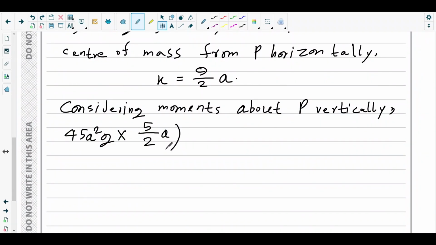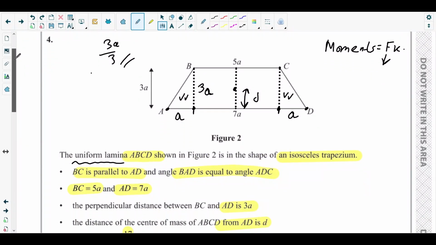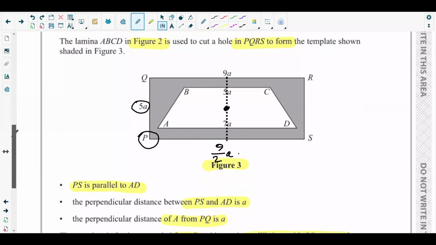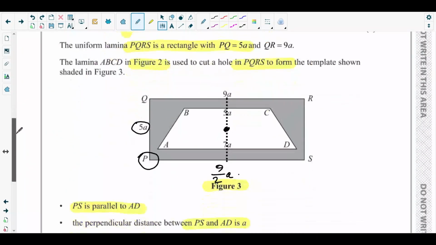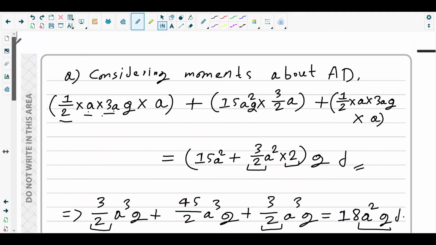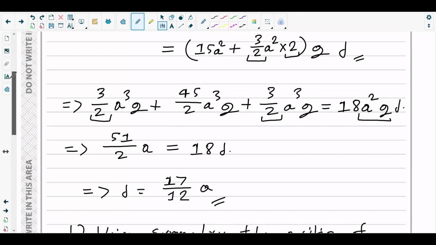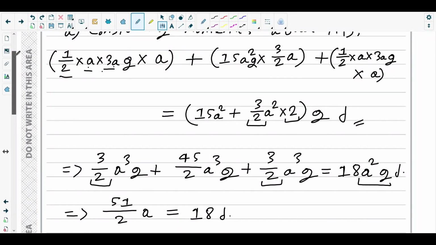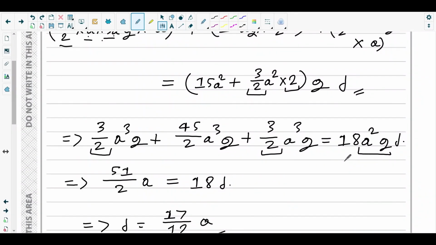Okay, from there we have to subtract the moment of the isosceles trapezium. The total weight of the isosceles trapezium we got in part A was 18 a squared g.